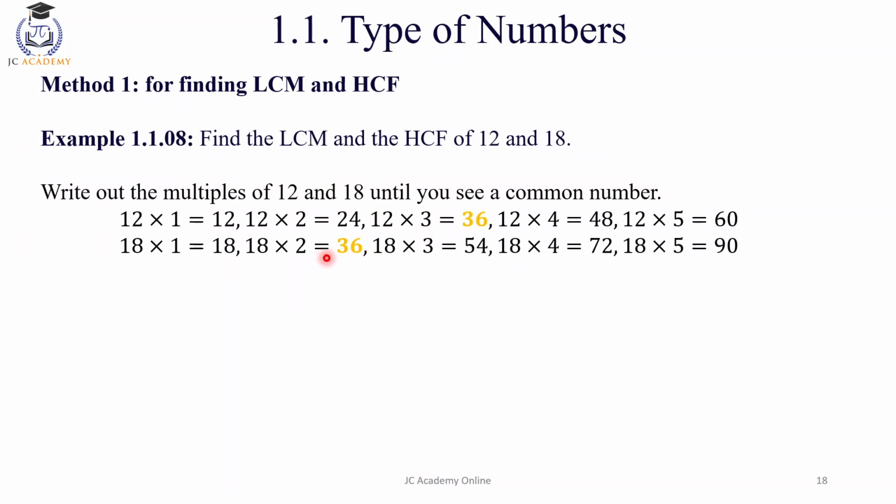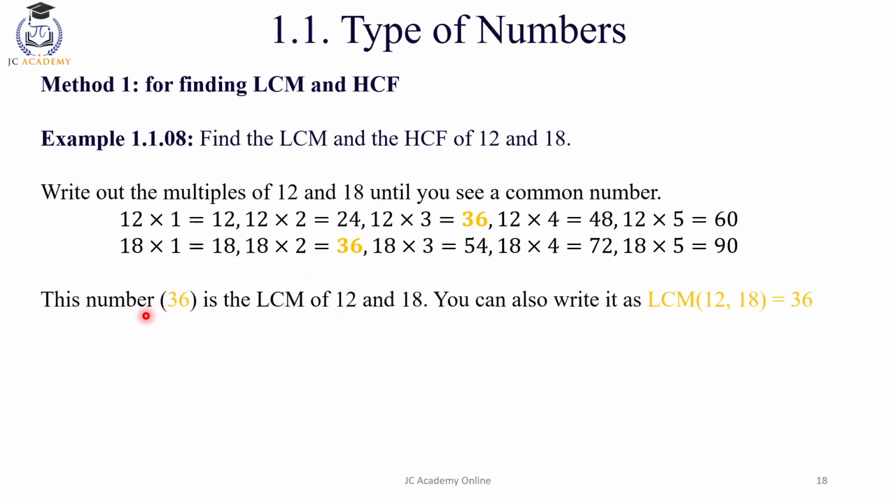So what does that mean? This means that the number 36 is the least common multiple of the numbers 12 and 18. We can also write this as LCM(12, 18) = 36.